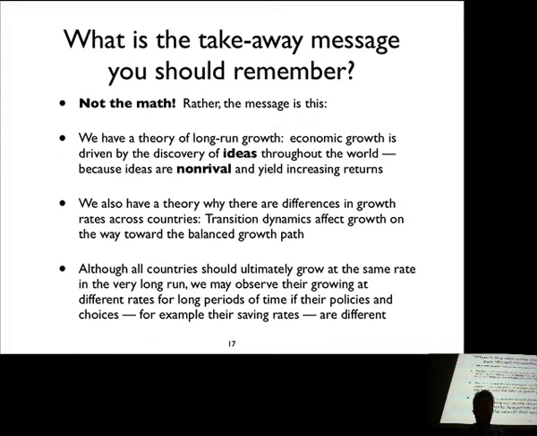So we see different experiences, even though, if ideas flow freely across borders, you should probably see all countries growing at the same rate in the very long run. You don't see that, and part of the reason is their policies and choices, like their saving rates, are different.